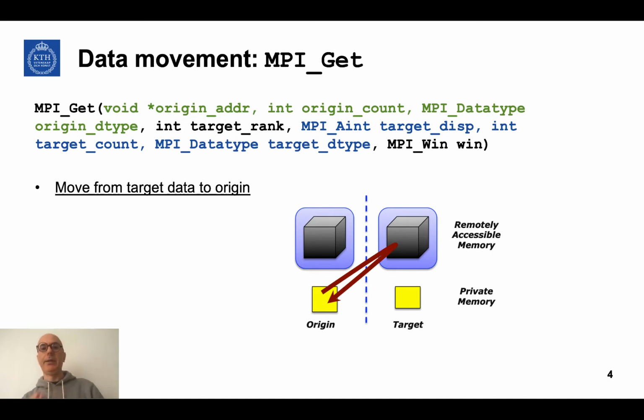We provide the rank of the target, and then we provide a triplet describing the target. Like in MPI_Put, we use a displacement from the beginning of the window. So we have an MPI_Aint that is a displacement at the target window.